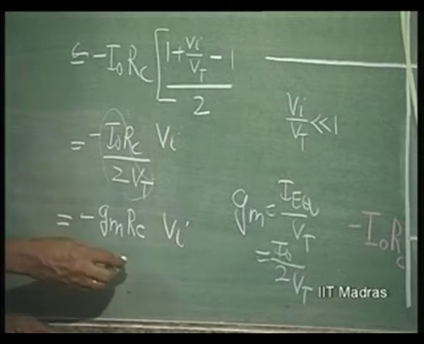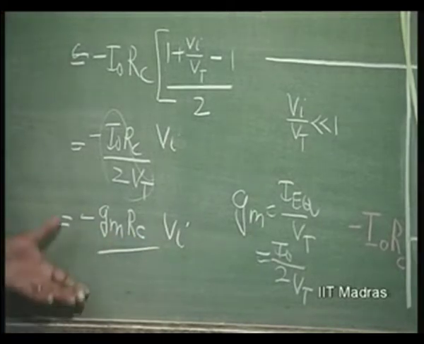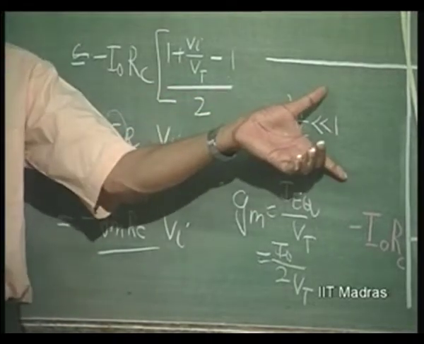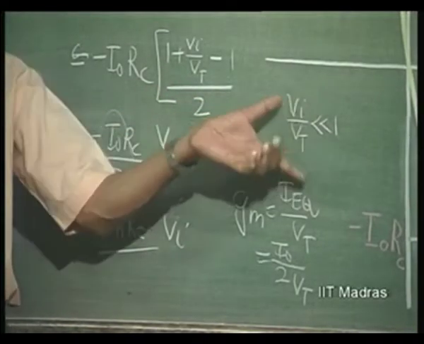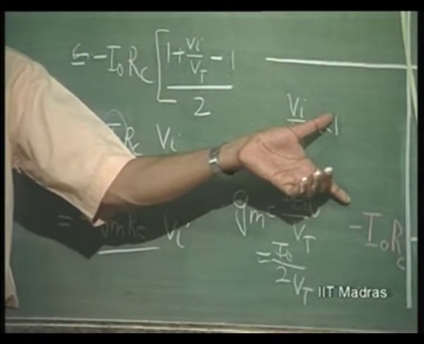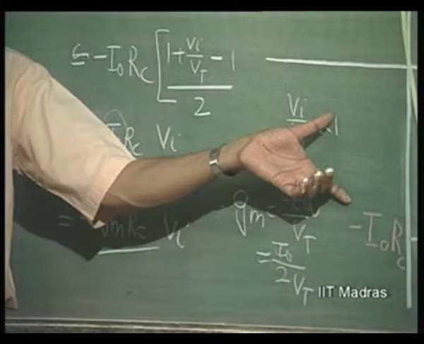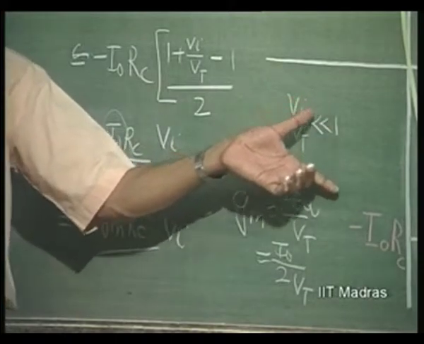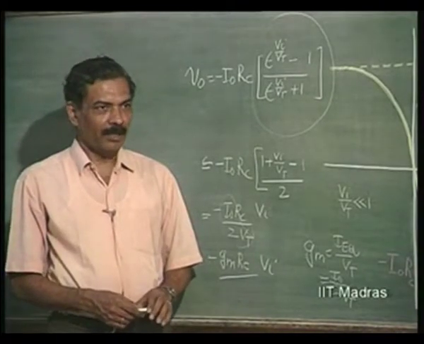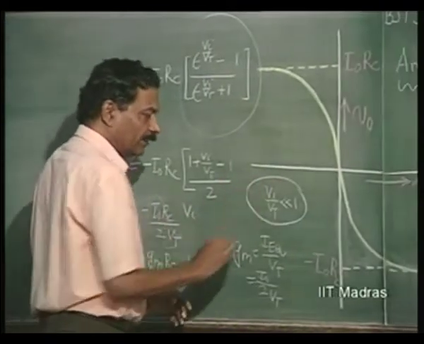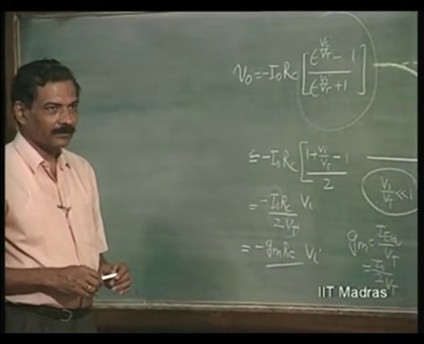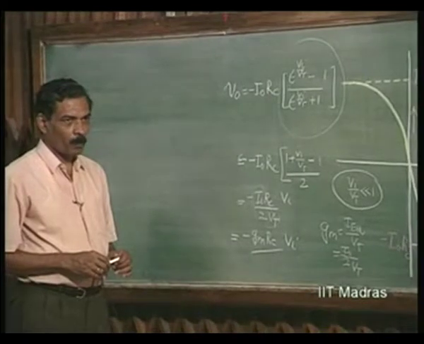This is what we had earlier surmised from the small signal equivalent. That means small signal here means VI is much less than VT, the same thing that we had used earlier for the common emitter amplifier. So, now this defines what is meant by small signal in the case of differential amplifier.